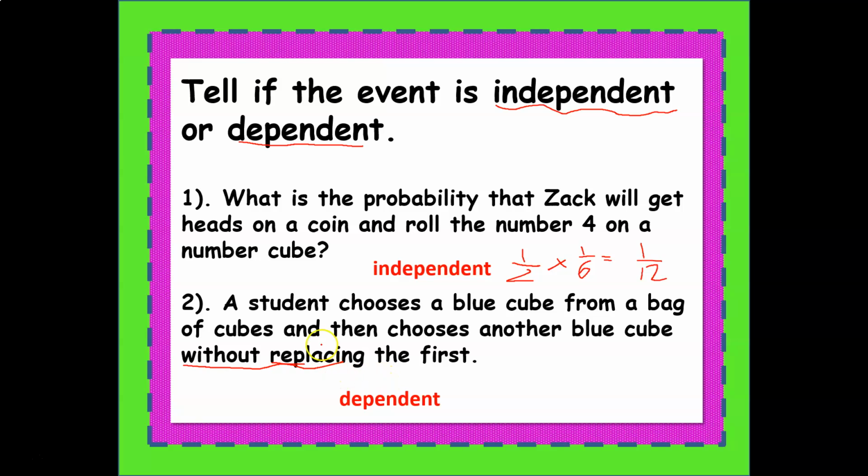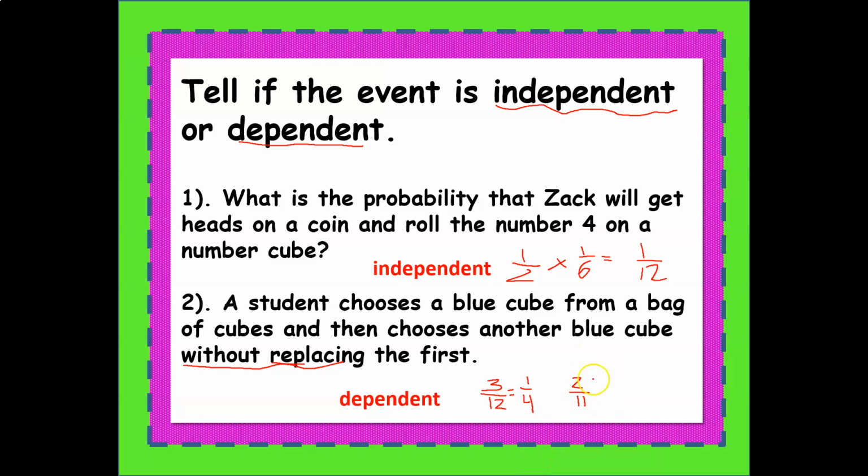So let's say that there's 12 cubes in the bag and that there's 3 blue cubes. So the probability of drawing a blue cube the first time is 3/12, which equals 1/4. Then the next time, there's only going to be 2 blue cubes left, and there's only going to be a total of 11 cubes in the bag.